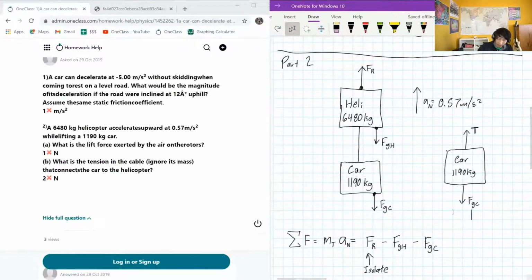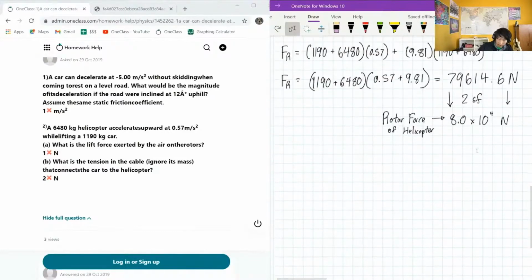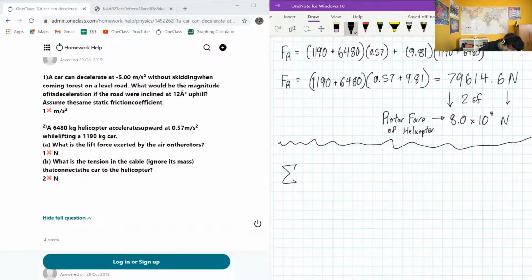So to solve for the tension, we're going to follow the exact same procedure that we did here. Okay, let's do this in black.